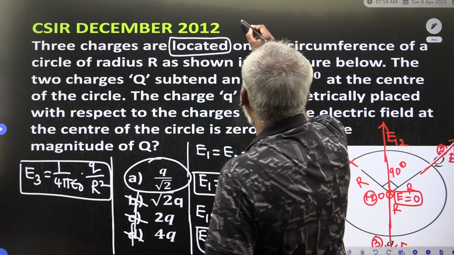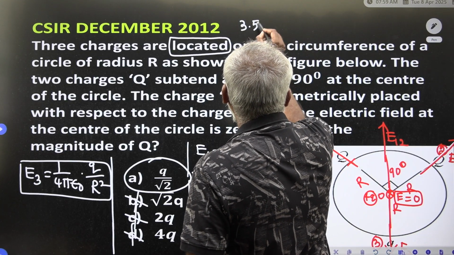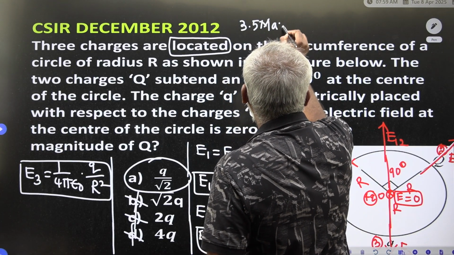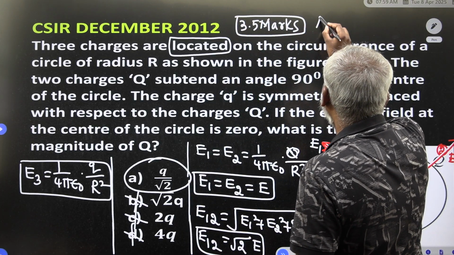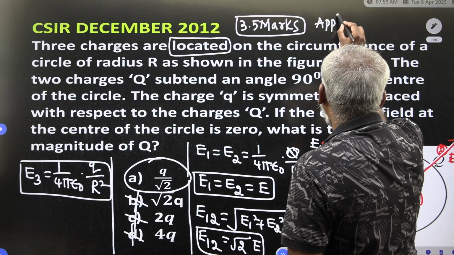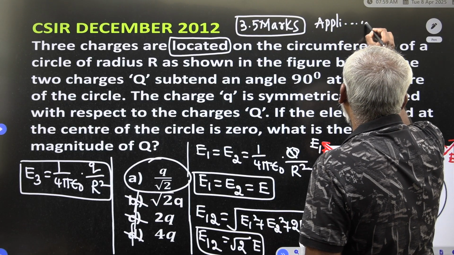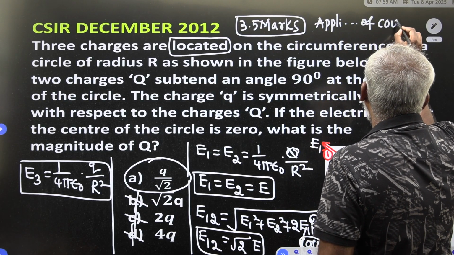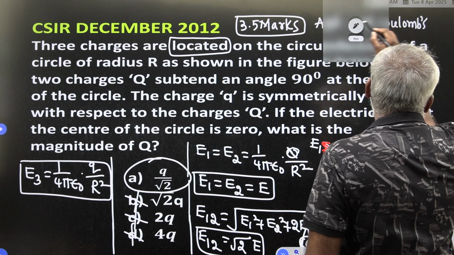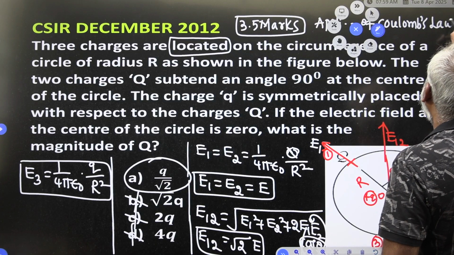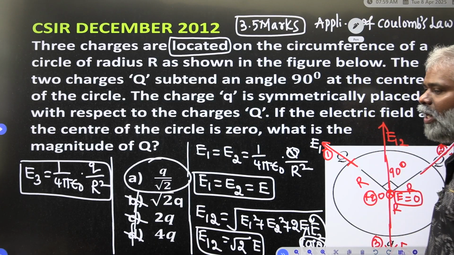This question was asked for 3.5 marks. This question belongs to applications of Coulomb's law. This is a very, very important question.